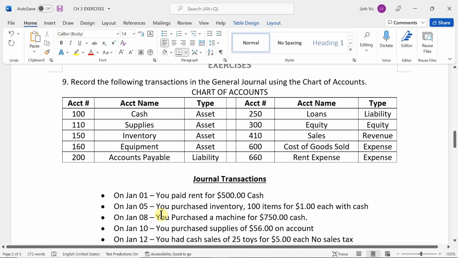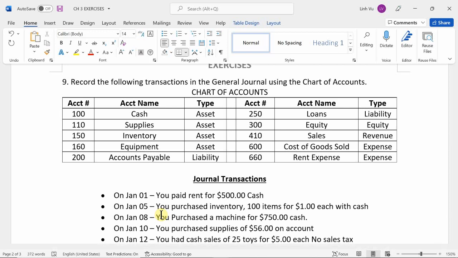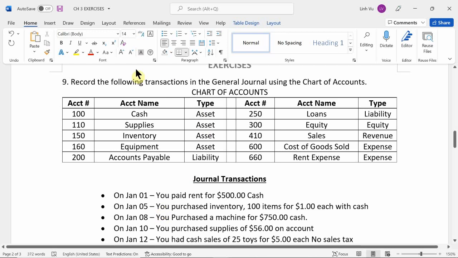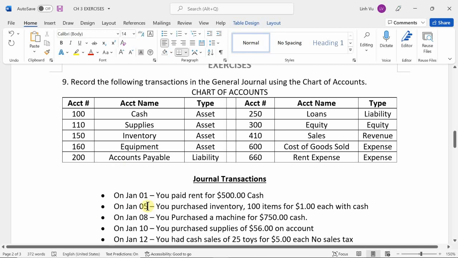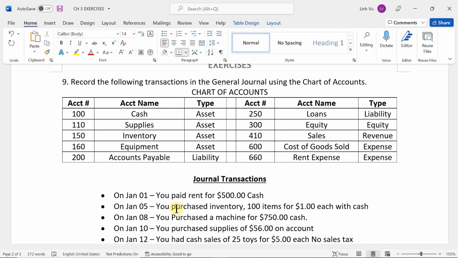Is inventory an expense? No. We bought inventory. That means that inventory is mine. Oh, wait, cost of goods sold.